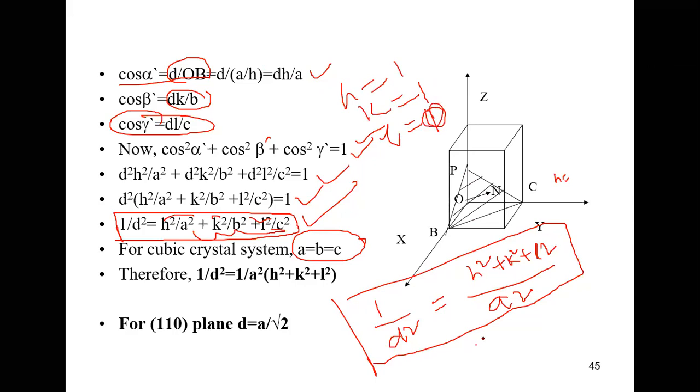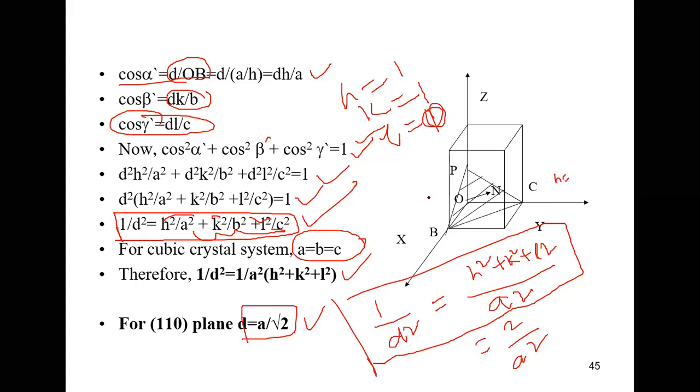So finally it will be 2 by A square. So d will be basically A by root 2, which we have predicted earlier. That means the equation that we have derived is the correct one.